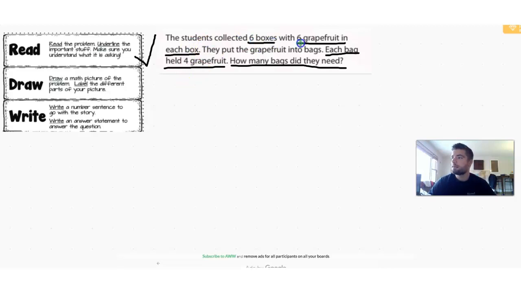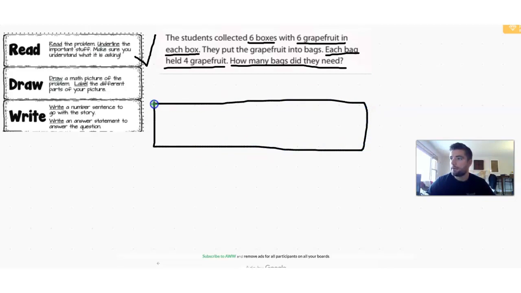They collected 6 boxes with 6 grapefruit in each box. Now, whenever I hear each, that usually means multiplication or division. And the picture I love to draw for multiplication or division is called a tape diagram. So basically what you do is you draw a big rectangle and then you divide it into however many spaces you need.